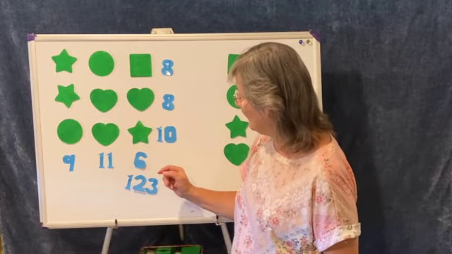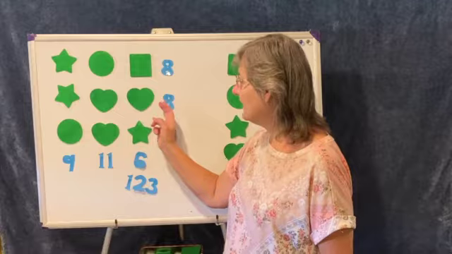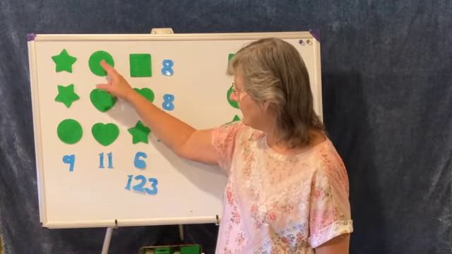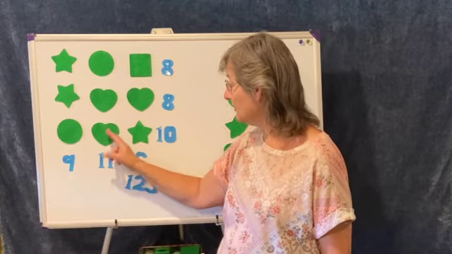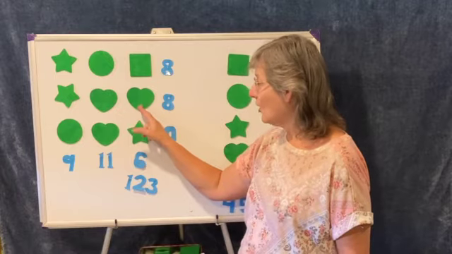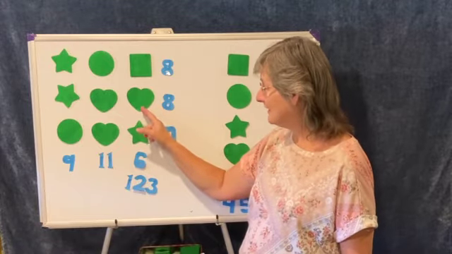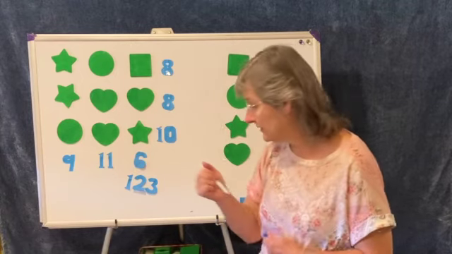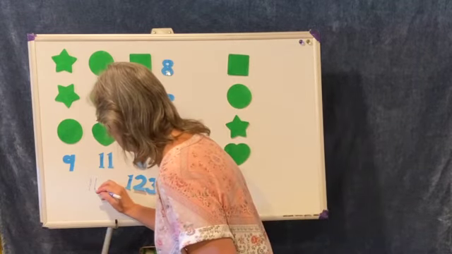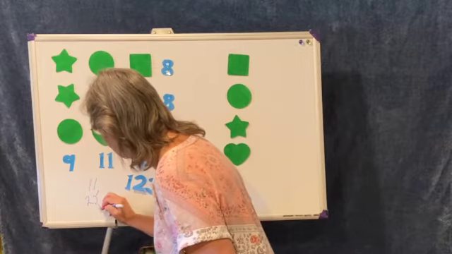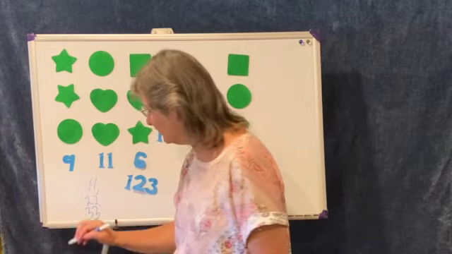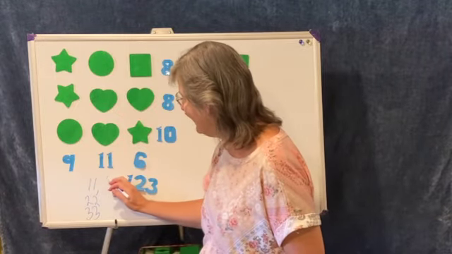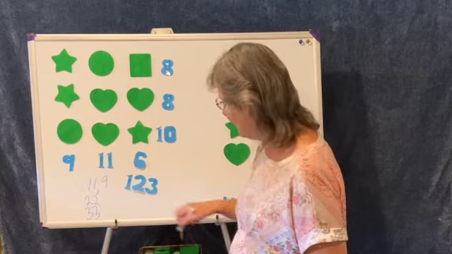So now we can use this to figure out some of these others. Let's look at this row right here, where we have 2 hearts and a circle. We know that heart has to be either 1, 2, or 3. So we're going to write out our 3 choices. We could have 2 1s, we could have 2 2s, we could have 2 3s. 2 1s would need a 9. 9 is not an option.